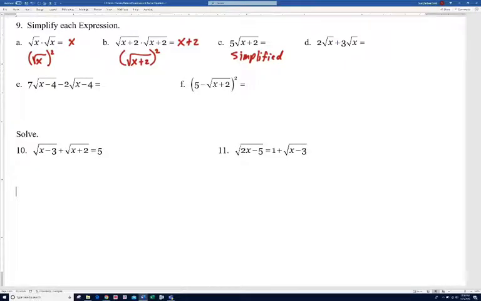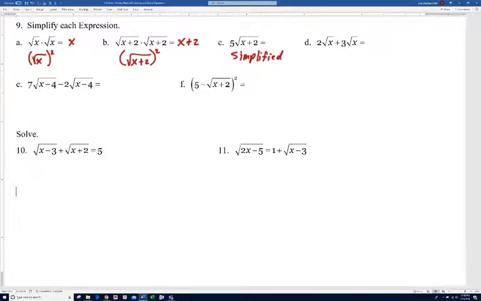Now if you look at d, it says 2 square root of x plus 3 square root of x. It turns out that when you add radicals, you can only add like radicals. Not only do they have to be square roots, but they have to have the same number under the radical, or the same radicands. So these are like radicals.